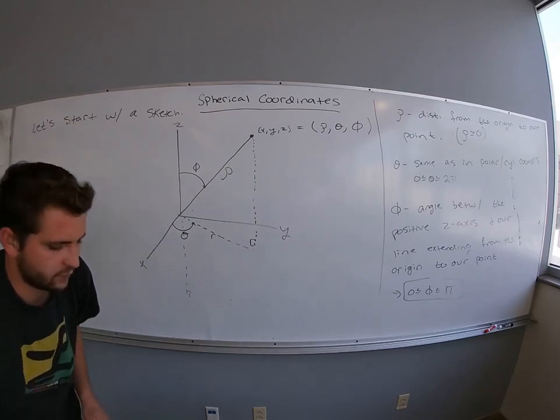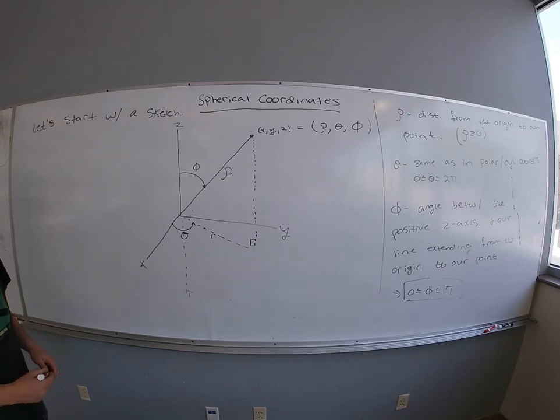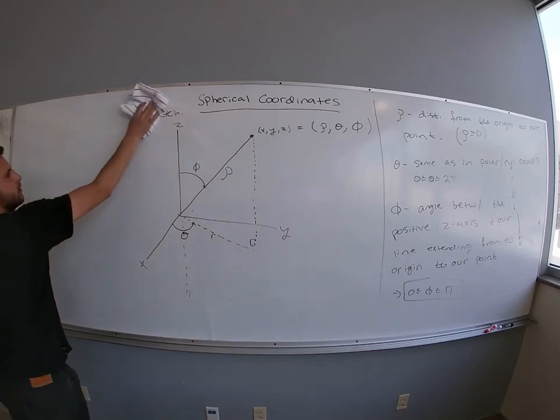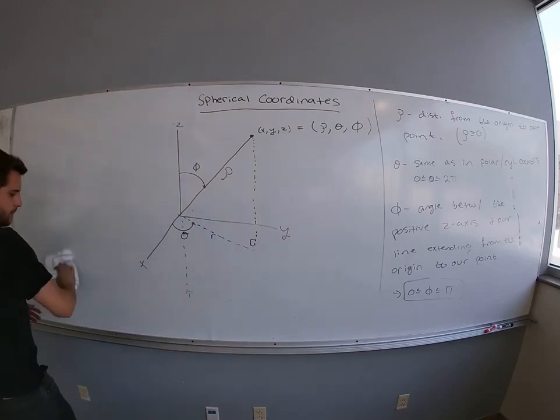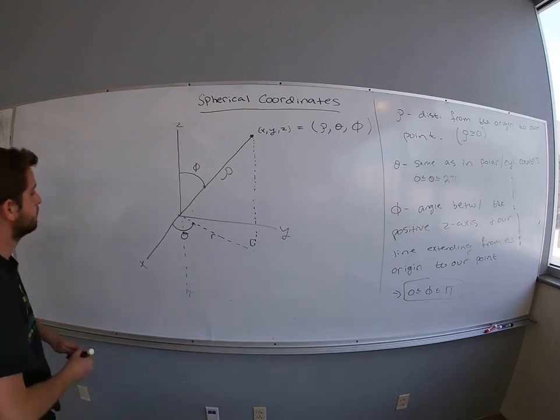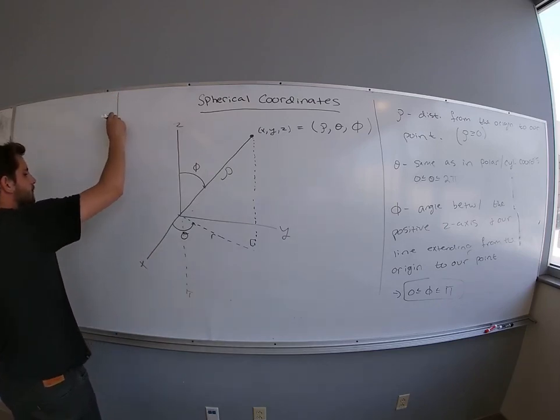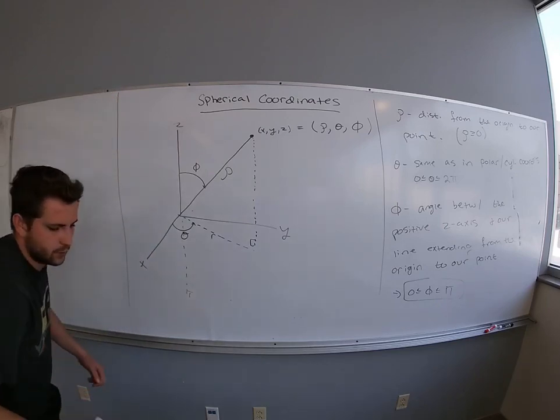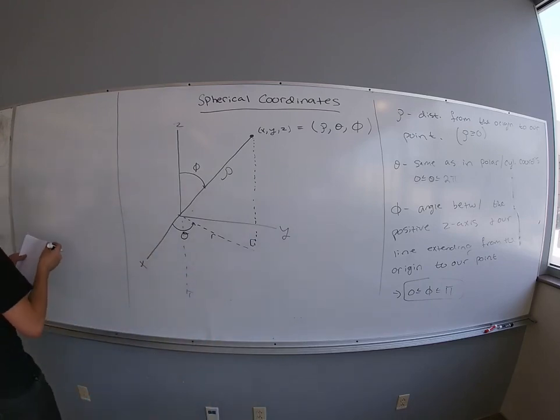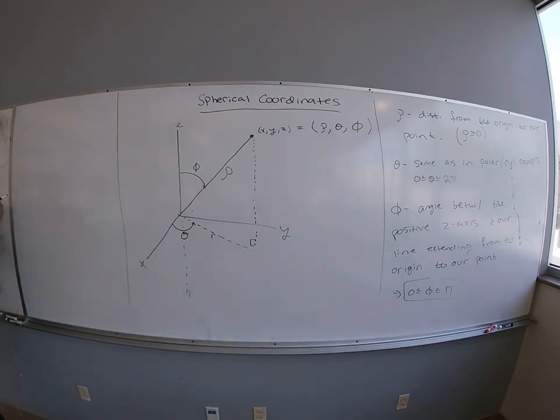So let's talk about some conversions, okay? And let's look at some geometry. I want to keep this picture. Let's delete as much as we can over here. I want to talk about conversions.